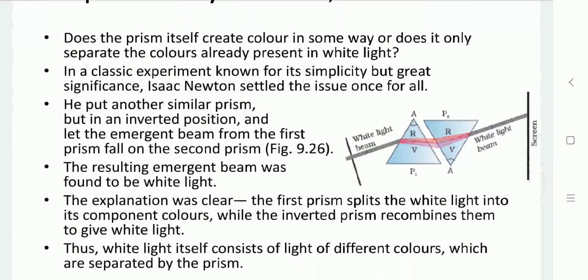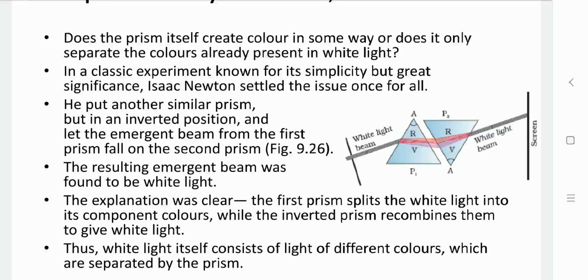As you can see in the diagram, the white light beam passes through the first prism, which separates the colors into a number of spectrums, and this beam of colors is transmitted to the other prism, which is placed in an inverted manner. Then it collects all the color spectrums individually, and on the other side it generates a white light beam, as you can see in the diagram.